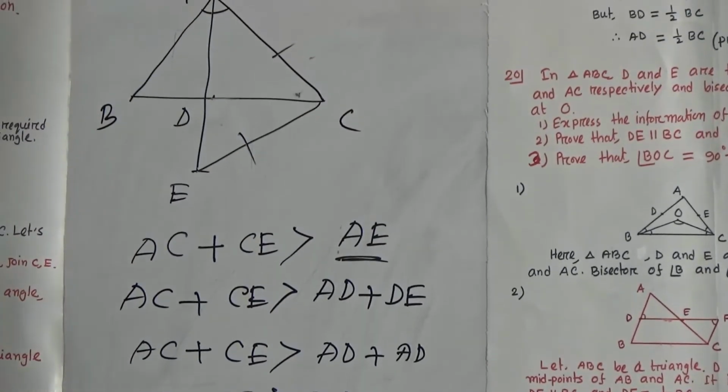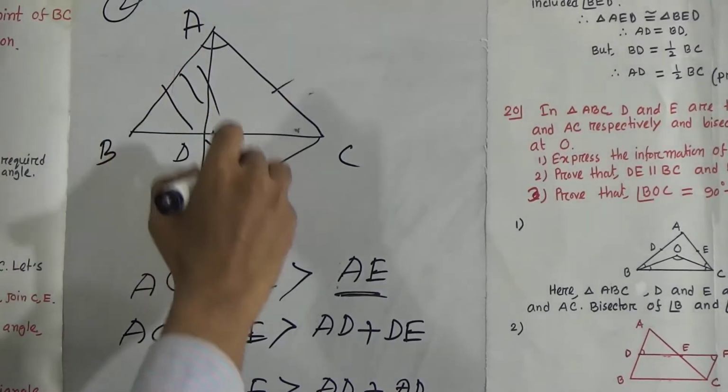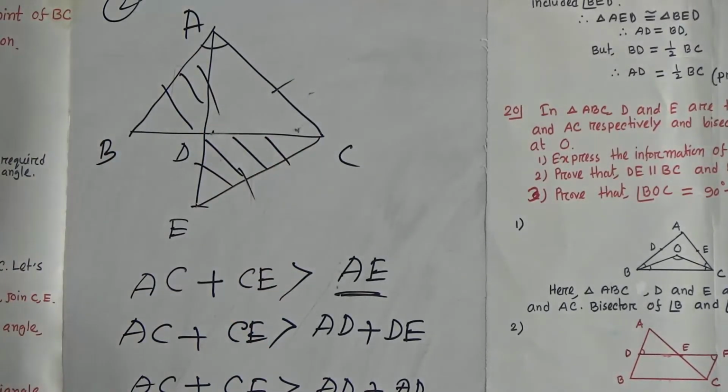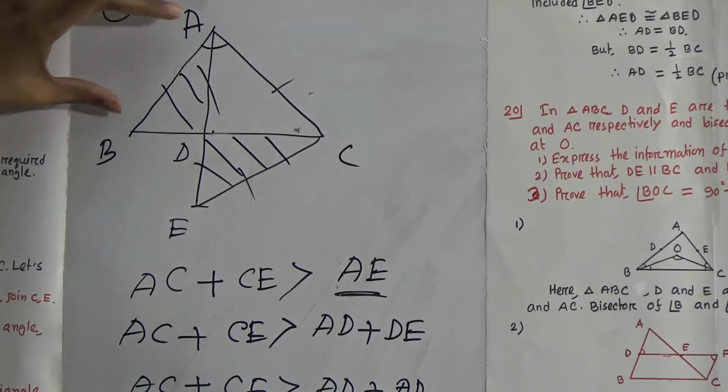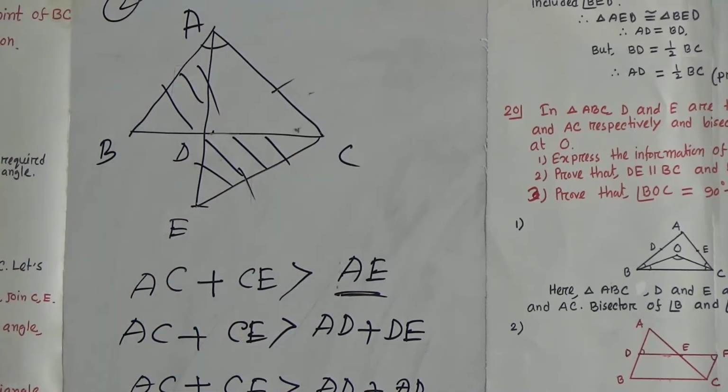For this reason, we have to compare triangle ABD and triangle ECD. How can we prove that?